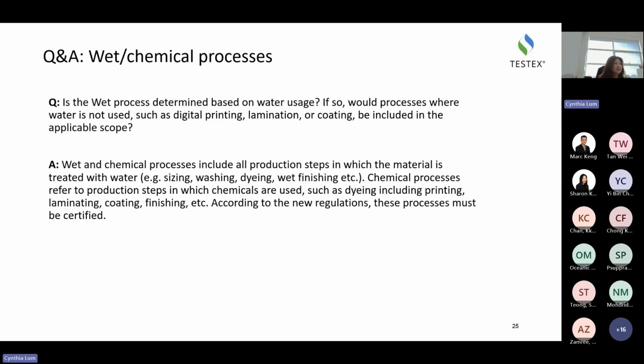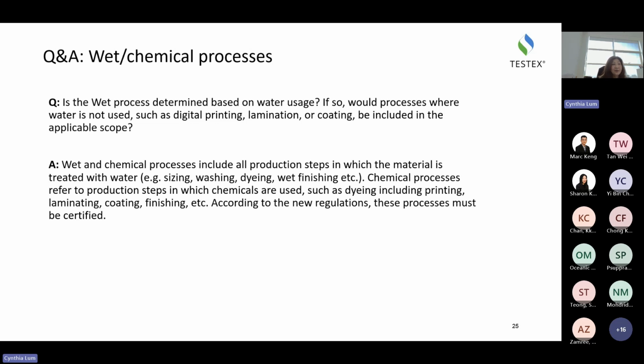This is not a question that we have come across. Is the wet process determined based on water usage? If so, would processes where water is not used, such as digital printing, lamination, or coating, be included in the applicable scope? The definition is that wet and chemical processes include all production steps in which the material is treated with water. Example: sizing, washing, dyeing, wet finishing.